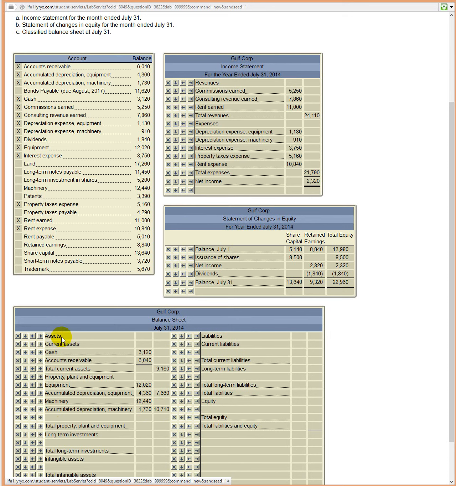And of course land also, did I pick up the land? Land also fits the category, and its value is 17,260. Click land, and then let's add up the total plant and equipment.